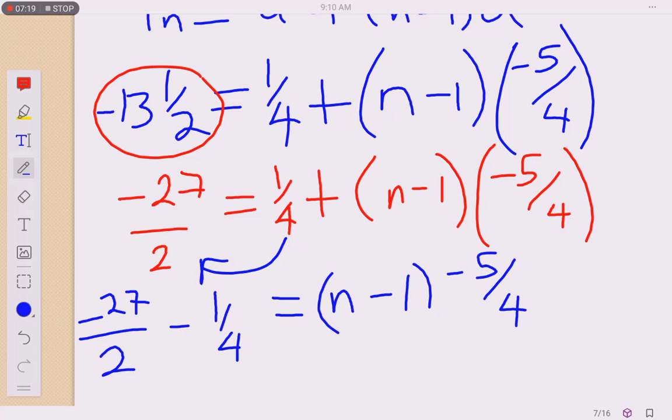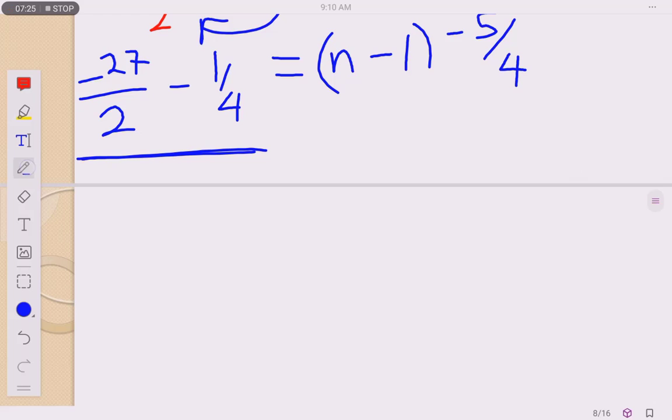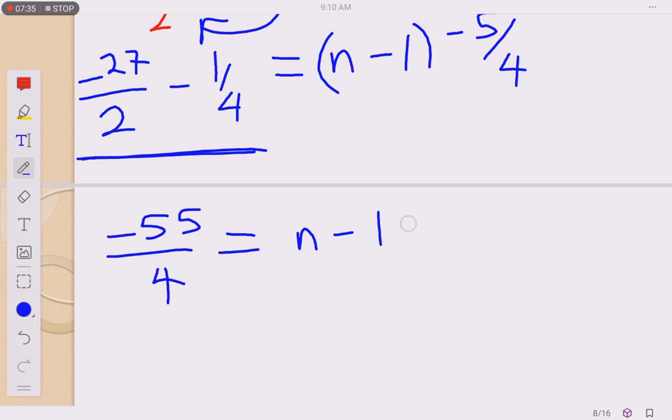Subtracting on the left side, I will have -55/4 now equal to (n - 1) times -5/4.